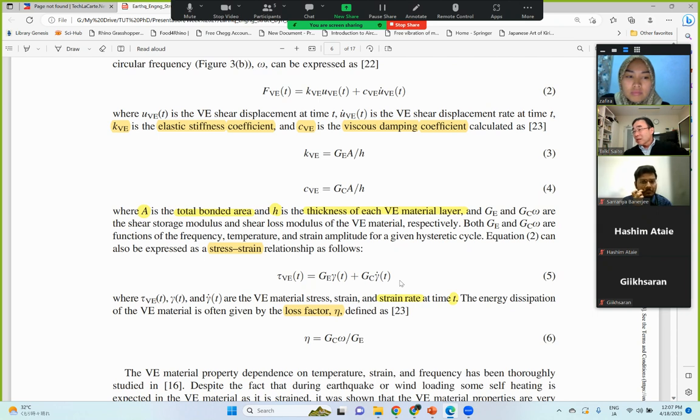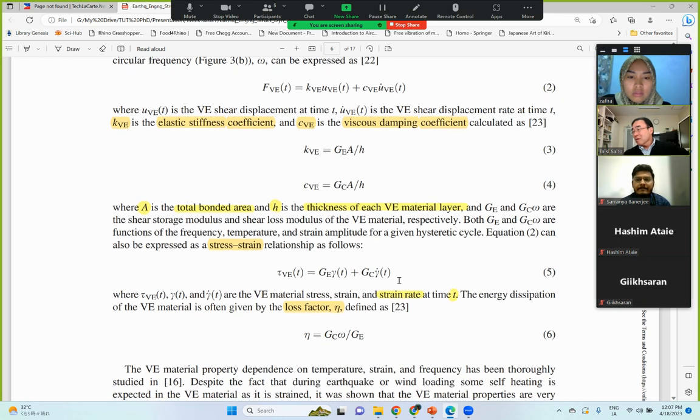If GC is constant, it is something similar to an oil damper. But if it is viscoelastic, the formula is not this one. Let's see.